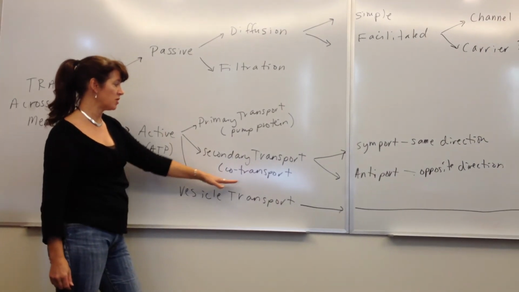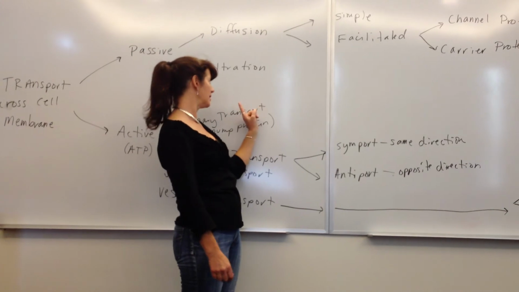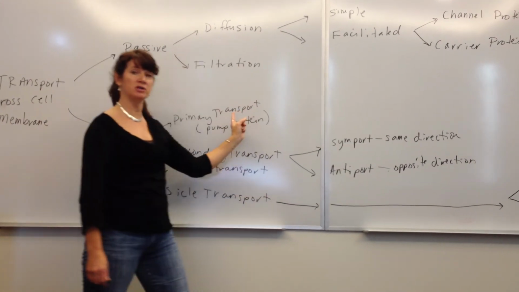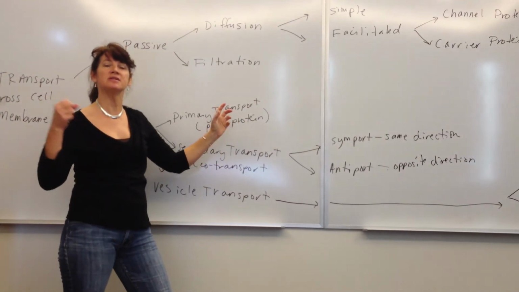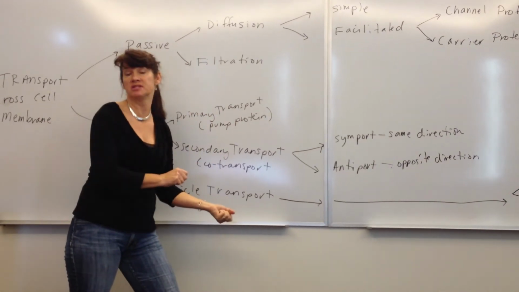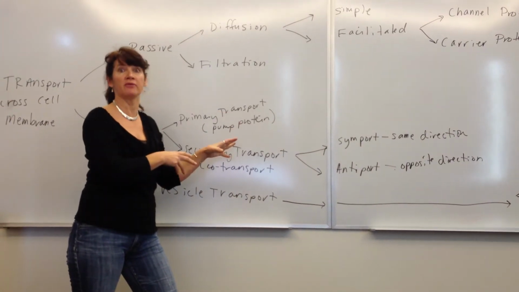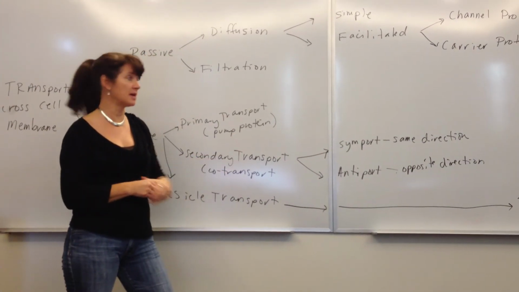Secondary transport, or co-transport, then, uses the form of primary transport, but what it does is piggyback on top of it. So as the sodium's going into the cell, for instance, certain substances can hold on and get brought through along with that substance.